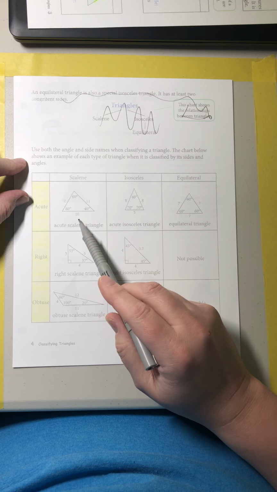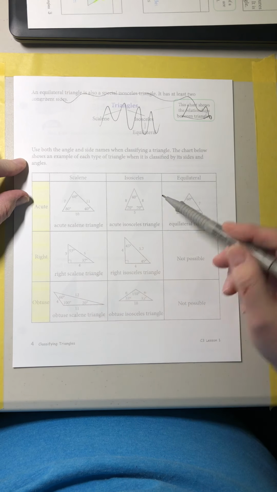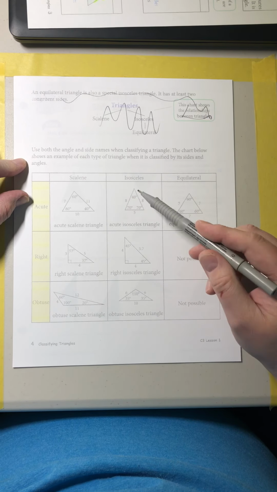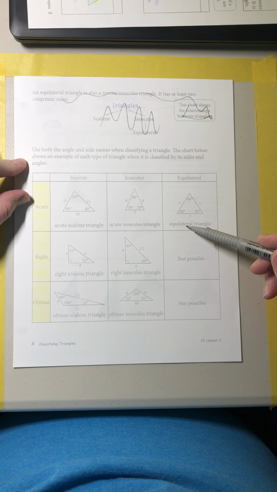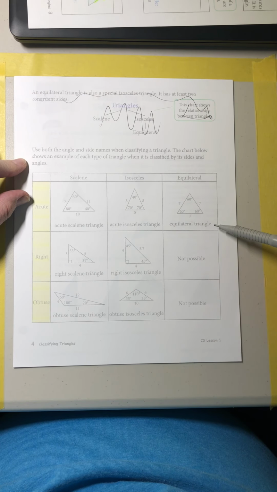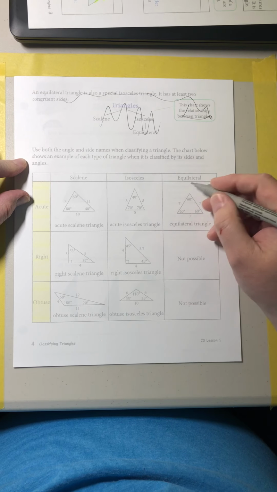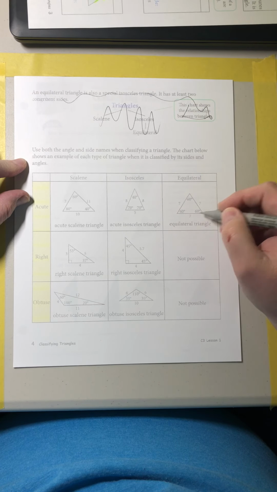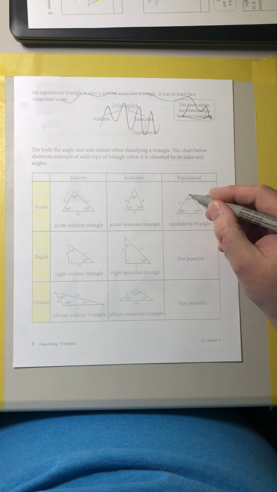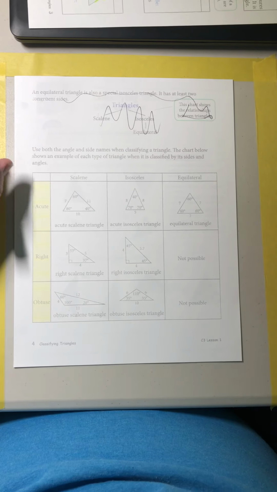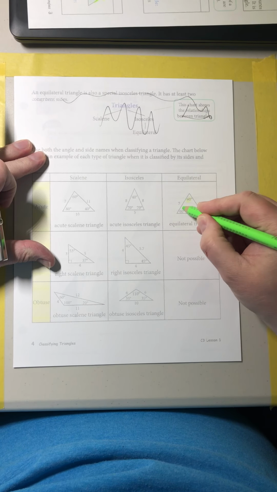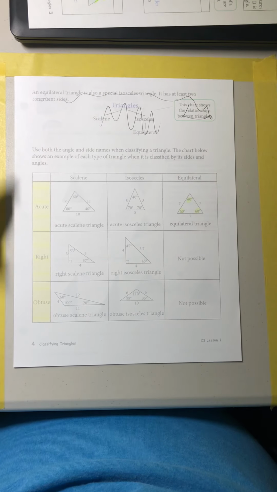So we can have an acute scalene triangle, an acute isosceles triangle, and an acute equilateral triangle. With the equilateral triangle, all the sides are equal and all the angles are equal as well. If you look, they're 60 degrees.